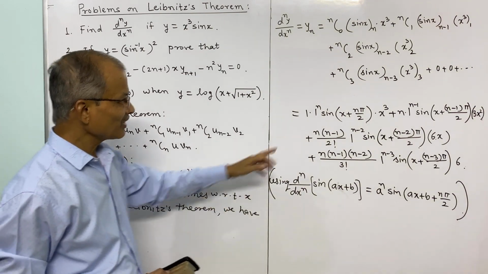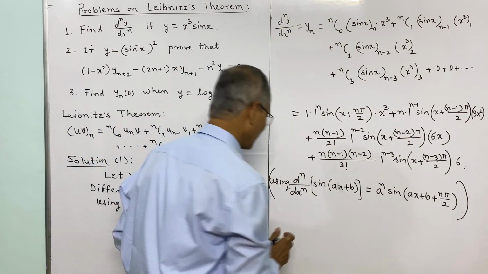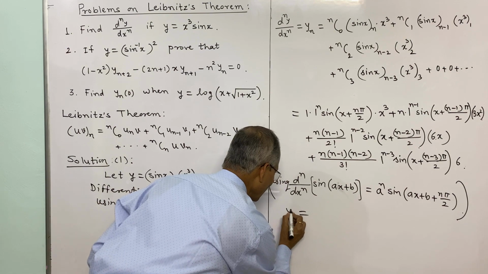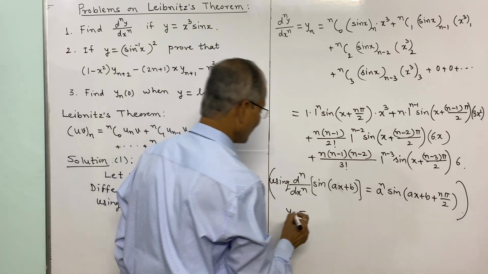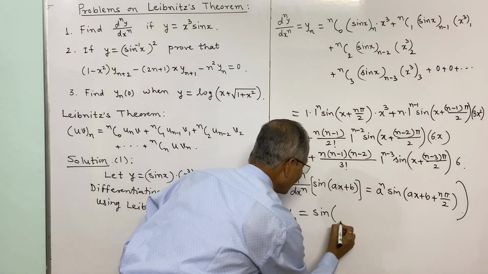Now what is the possible simplification? This is again 1, and that term will be yn, the derivative of y will be sine of x.